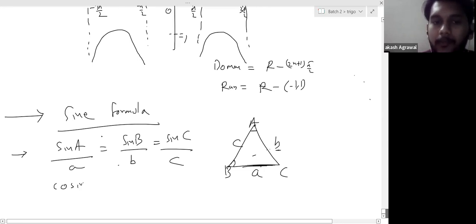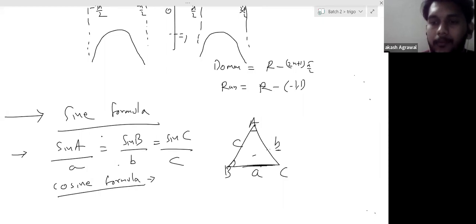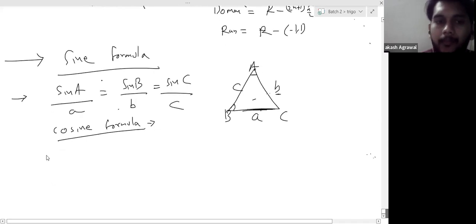Cosine formula. Cosine formula says if you have to find cos of this angle, cos of A, then what you can do is (b square plus c square minus a square) upon 2bc.